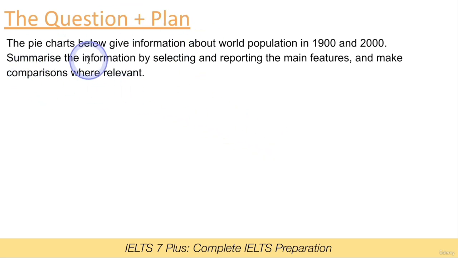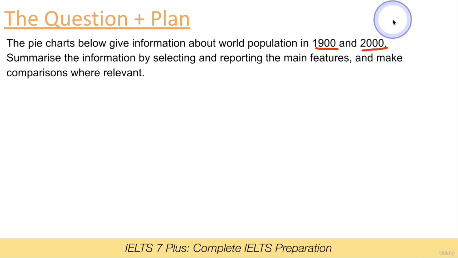Okay, let's think about this. So the pie charts, we're sure that it's more than one, maybe 2. Below, give information about world population. So how many people are in the world in 1900 and 2000?